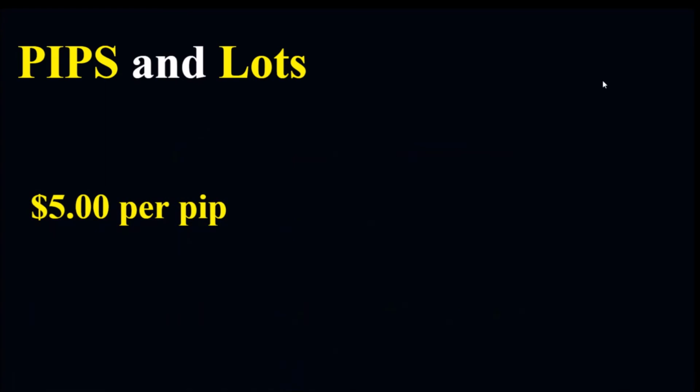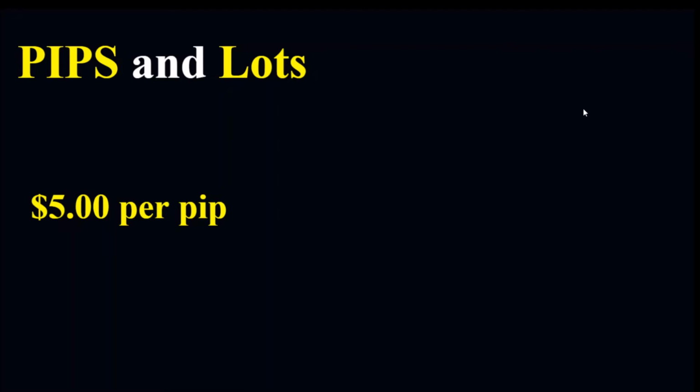All right, so here's just a quick example. You guys can pause the video, but I want you to tell me what $5 per pip corresponds to in terms of lots and what you would plug into your MT4 if you wanted to use a $5 per pip lot size. All right, I'll give you guys a second.